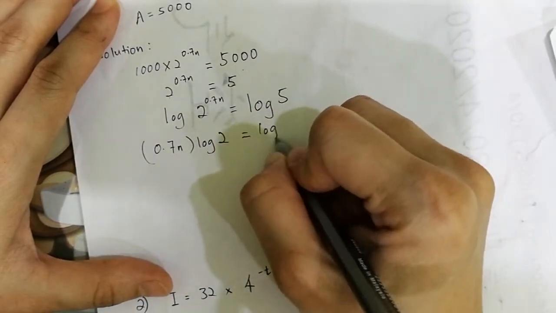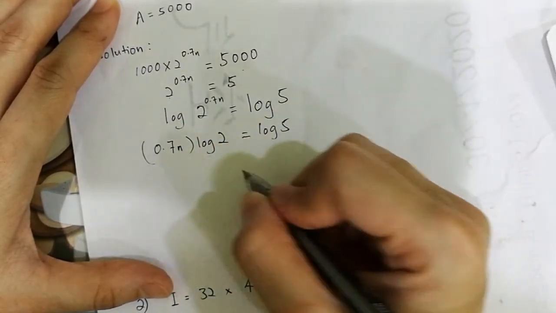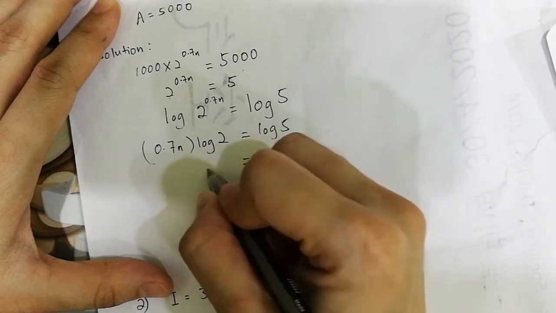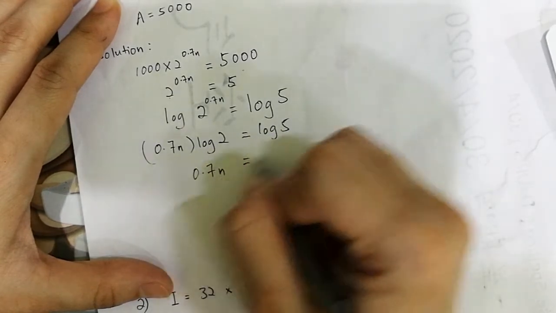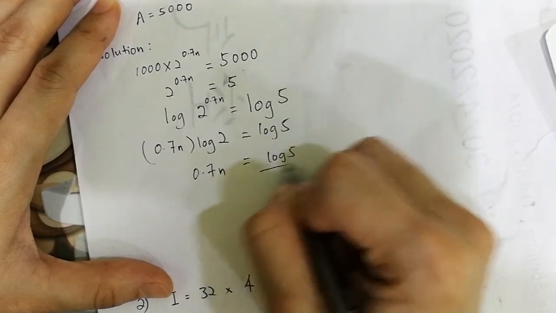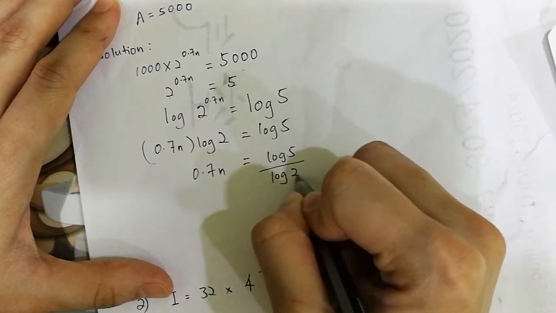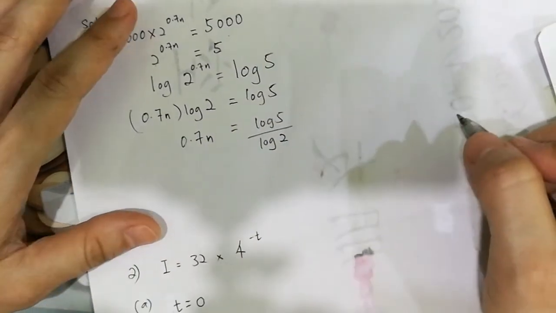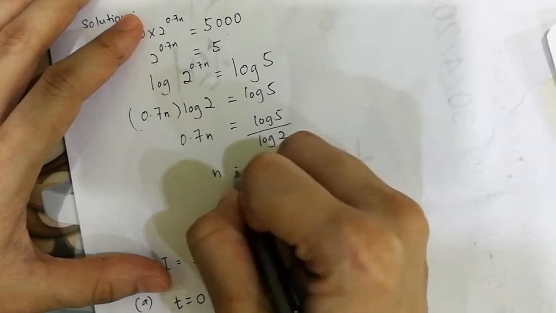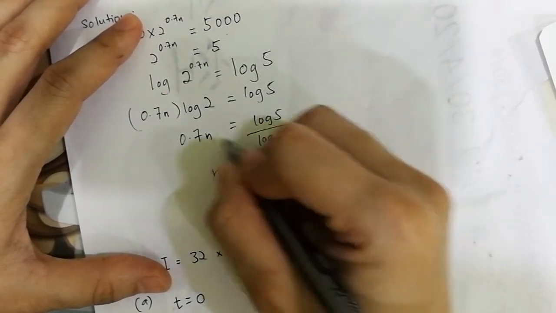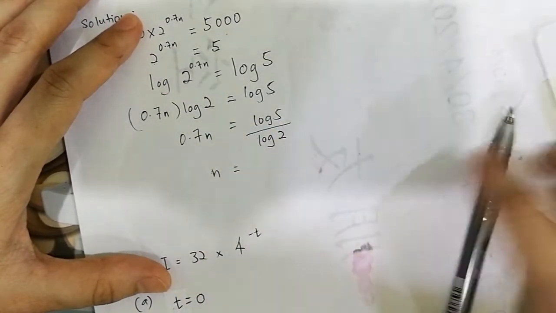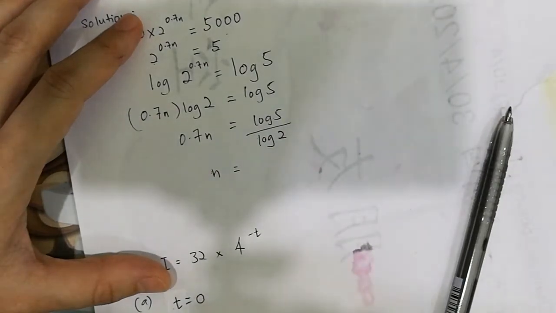Then log 5. What we can do is bring log 2 over, log 5. I try to use the calculator in one go, so I don't round off so soon. So n equals this whole thing divided by 0.7. I can just use my calculator now.